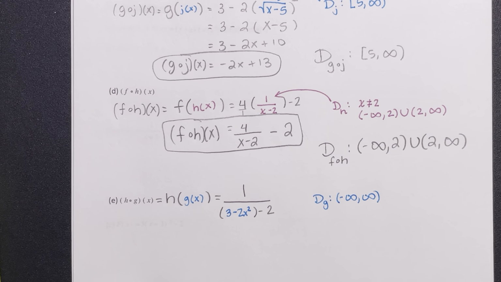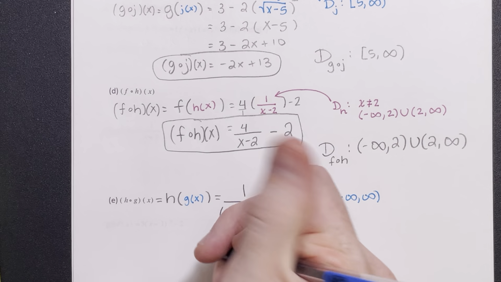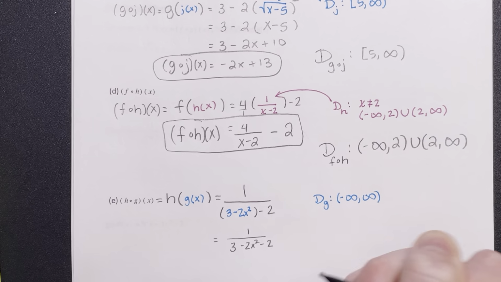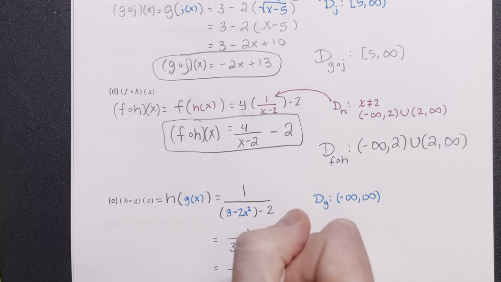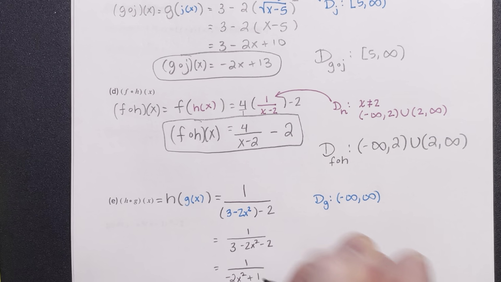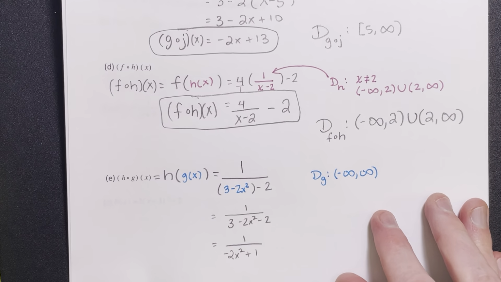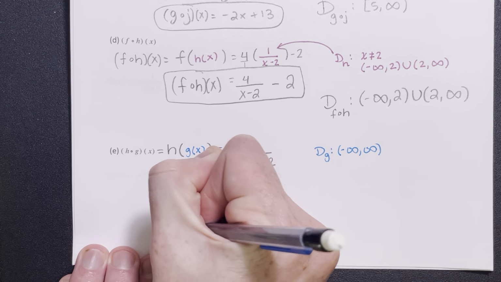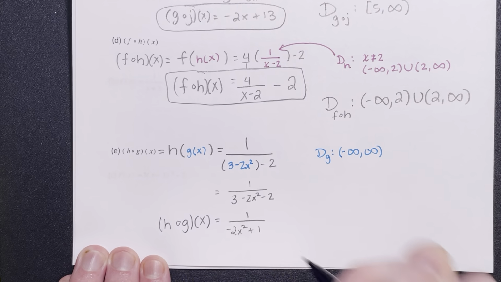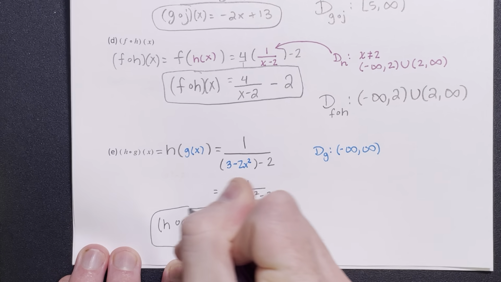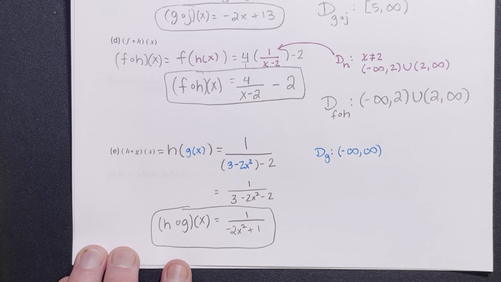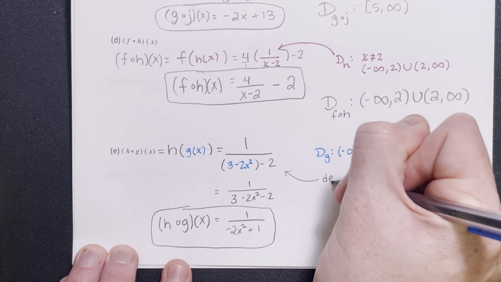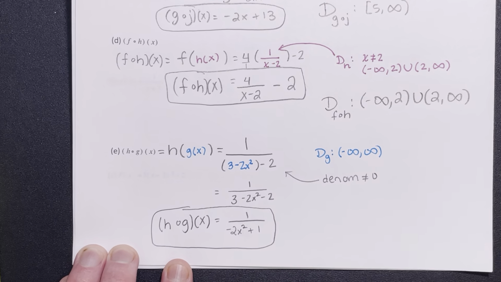Then we'll look at the entire composition. I'm going to simplify this denominator. That'd be 1 over 3 minus 2x squared minus 2, which is 1 over negative 2x squared plus 1, if you want to write it like that. I can't simplify that any further, so h of g of x is 1 over negative 2x squared plus 1. But since the whole denominator changed, we know it cannot equal 0.